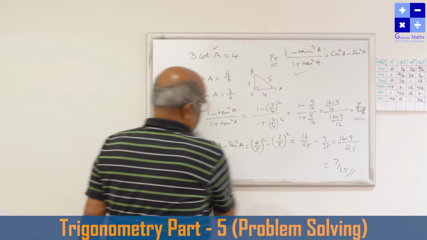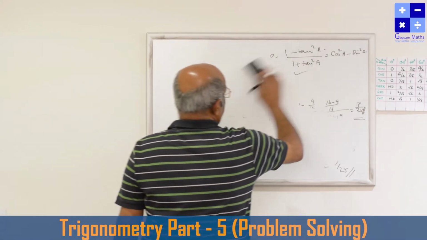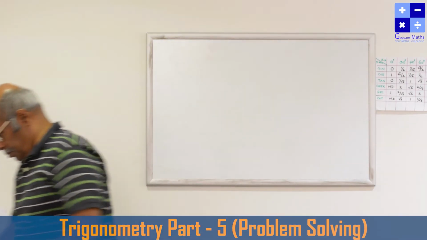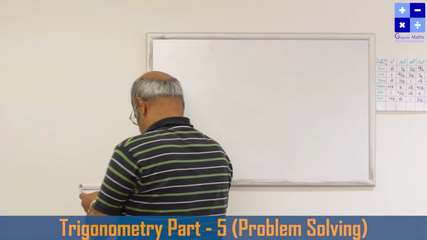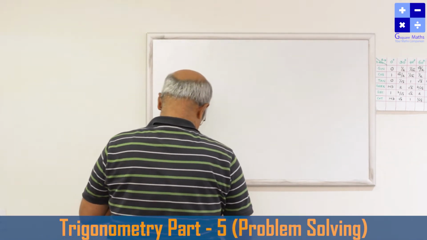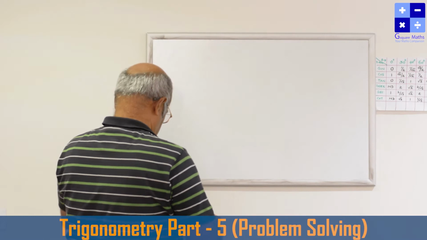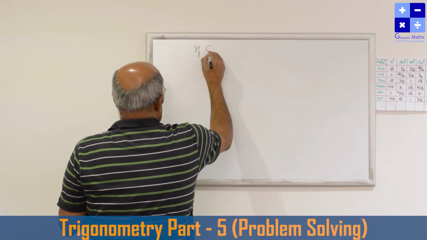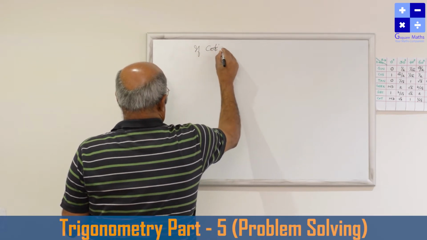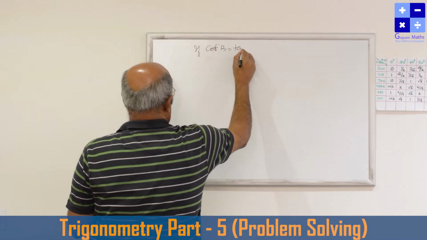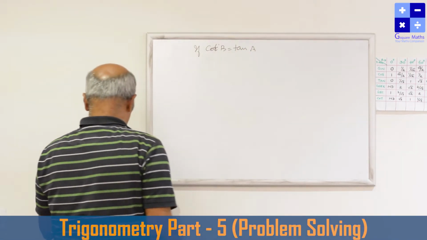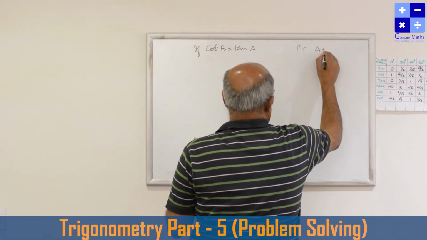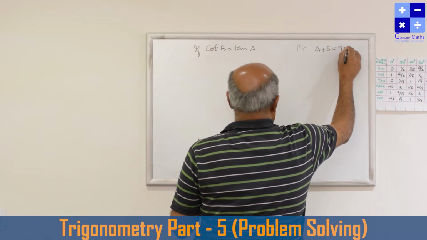Let's take one more problem. This is a board question. If cot B is equal to tan A, prove that A plus B is equal to 90 degree. That is the first problem.